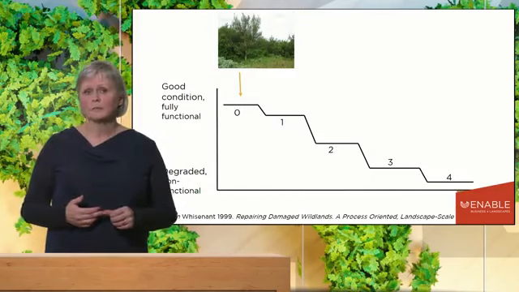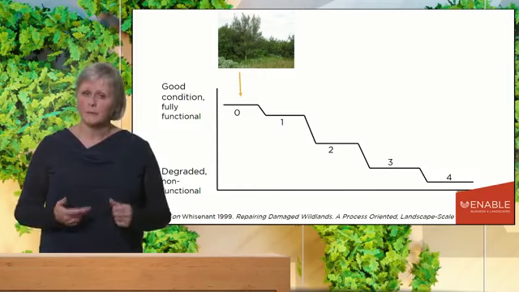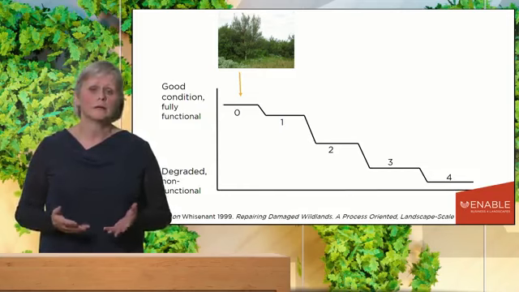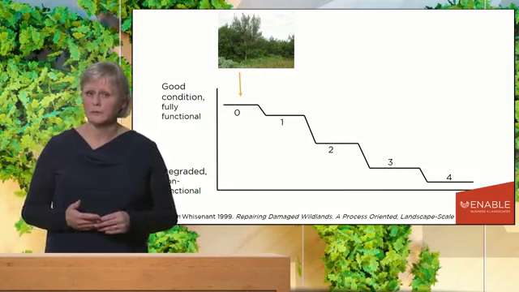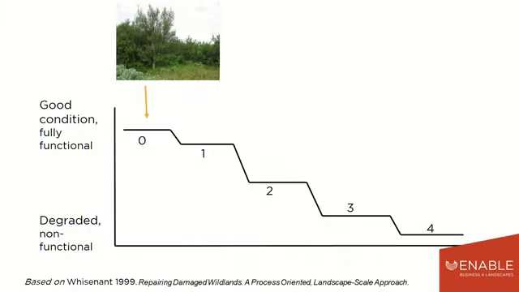We have already talked about resilience, the ability of ecosystems to resist change or bounce back to a healthy state after disturbances. Land in good condition, healthy ecosystems, generally have strong prevention and self-repair mechanisms.